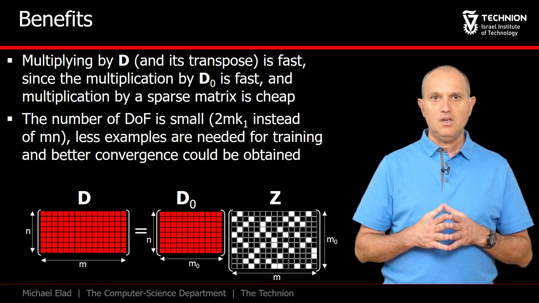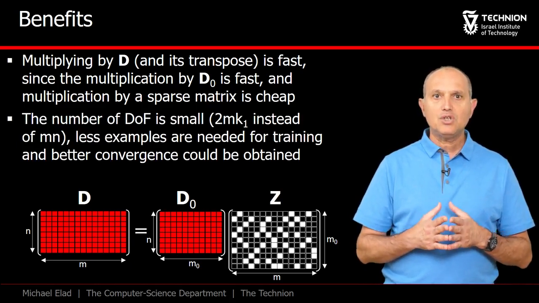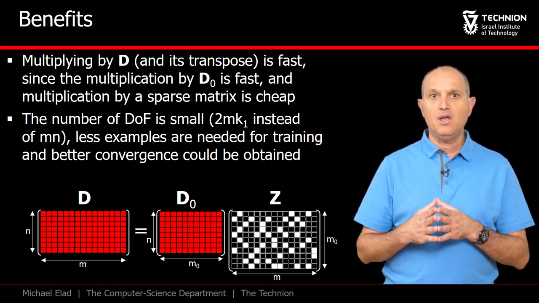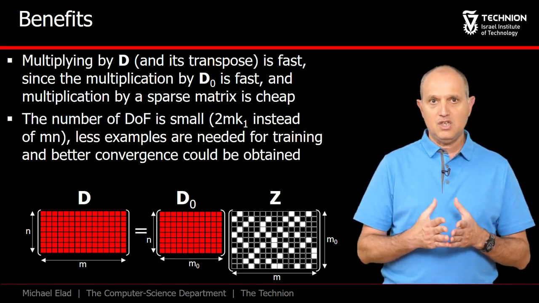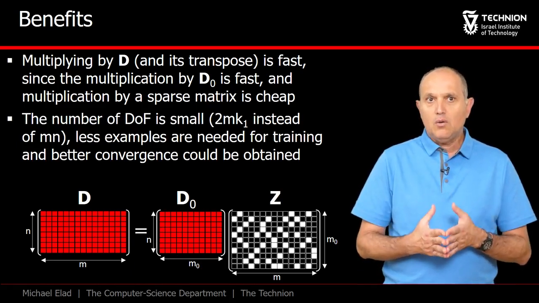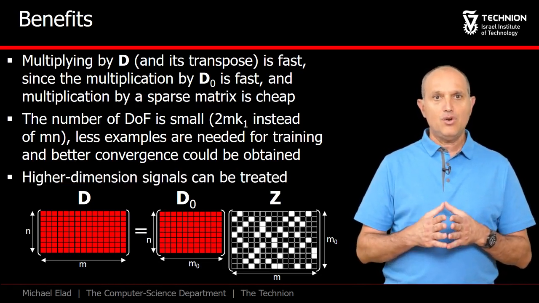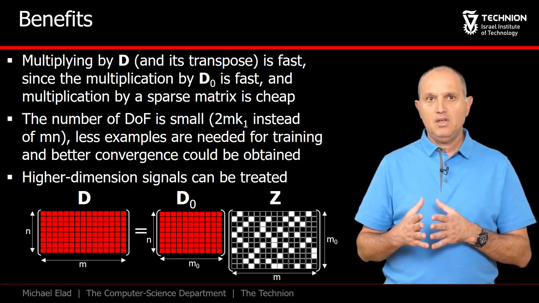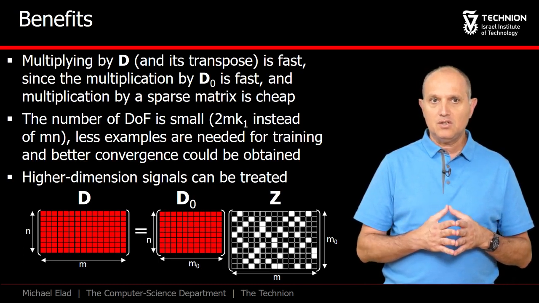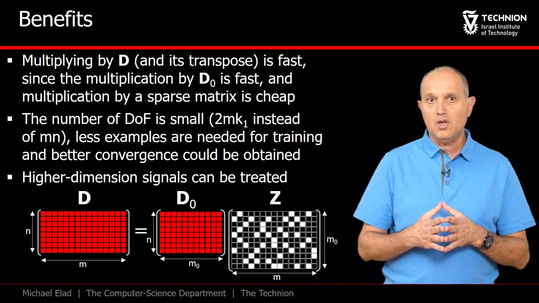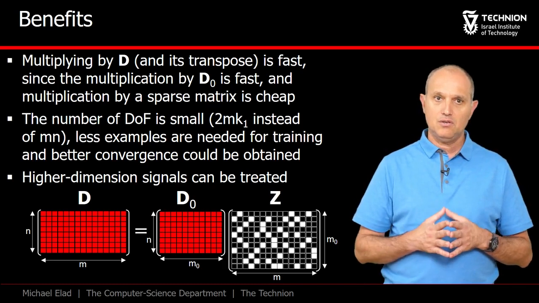Another benefit in this approach is the massive reduction in the degrees of freedom that define the learned dictionary. This suggests that we may do well with fewer examples or get to a better final result. A third benefit is the ability now to grow the dimensions of the signals to be treated, since storing or working with this D is better managed.